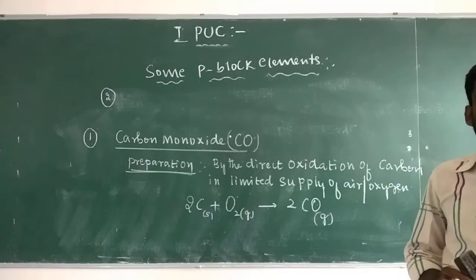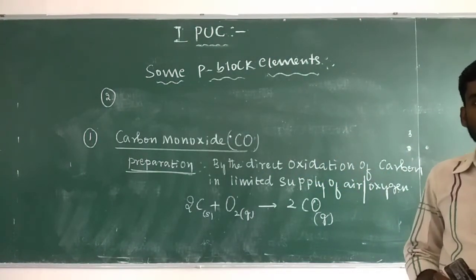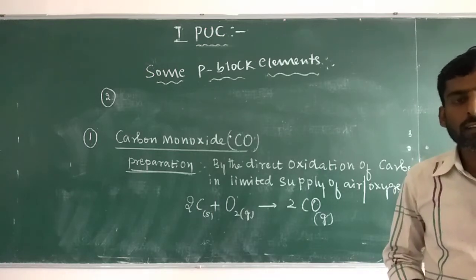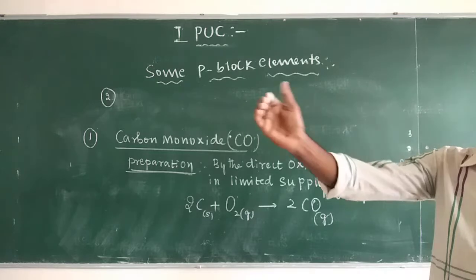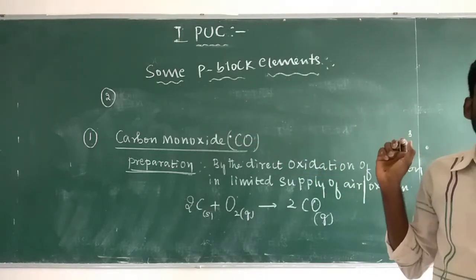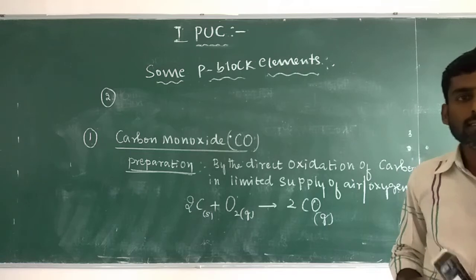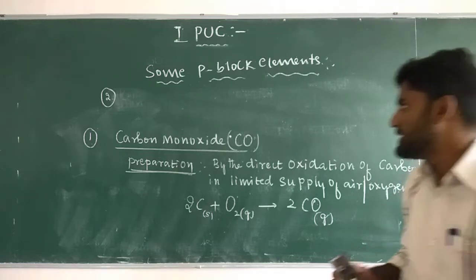If we have to prepare a small quantity of carbon monoxide, formic acid is treated with concentrated H2SO4. Concentrated sulfuric acid acts as a dehydrating agent.